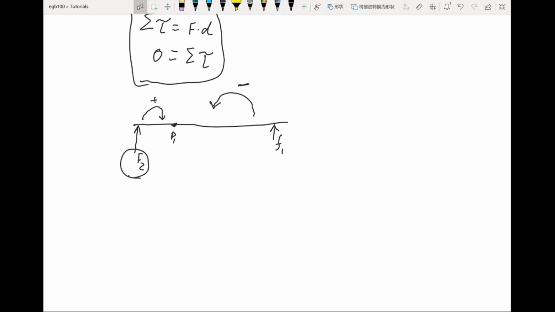And when we do this in a question, if the bar isn't moving, we'll go 0 is equal to torque 2 minus torque 1, which is equal to F2 times D2 minus F1 times D1.